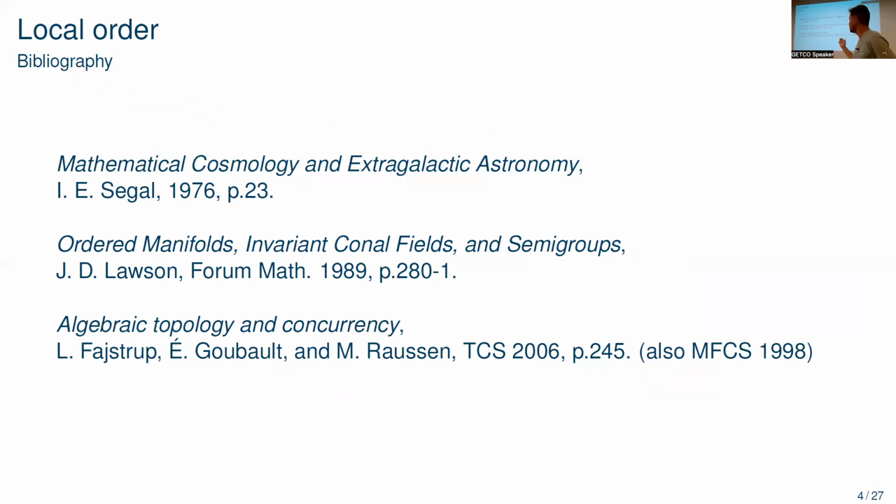So it's about general relativity. This book appeared at the same time as the book by Hawking and Ellis, The Large Scale Structure of Space-Time. And the main difference is that in that book, the author really takes into account the possibility of a space-time with time-like loops. And therefore, it naturally comes to the definition of local orders.